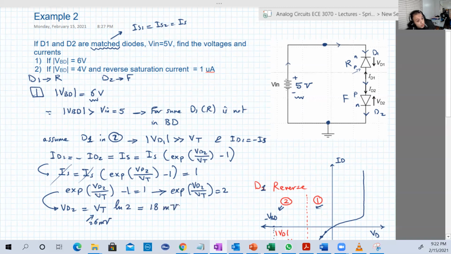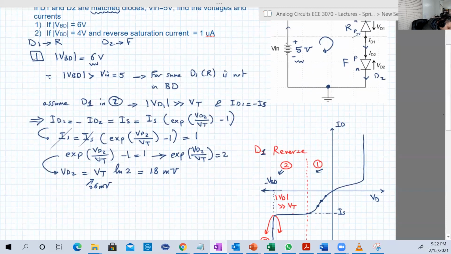Good. So now we know ID1, we know ID2. Look at this. They are in series. They have the same current, but since one is bottom to top and the other one in the opposite direction, they are minus each other. And we know now VD2. Now we can calculate VD1. Just look at Kirchhoff here.